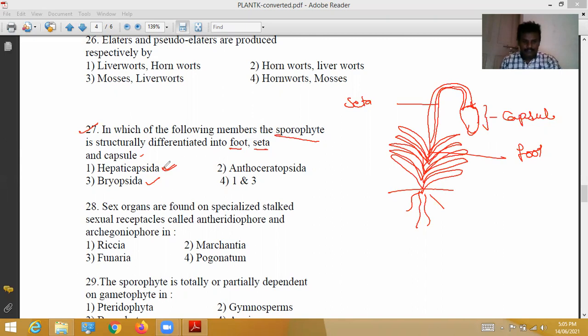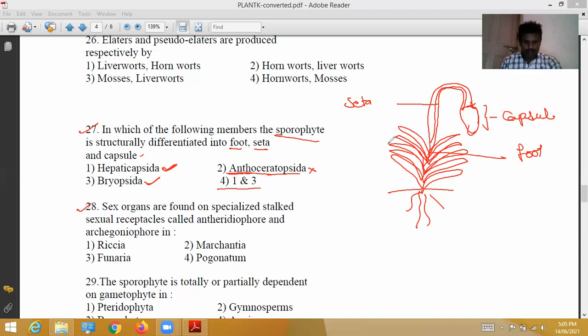So the first and third are correct. Anthocerotopsida is not at all related to this question. So among the four options, the correct option is the fourth, that is 1 and 3. The correct answer for the 27th question is 1 and 3.